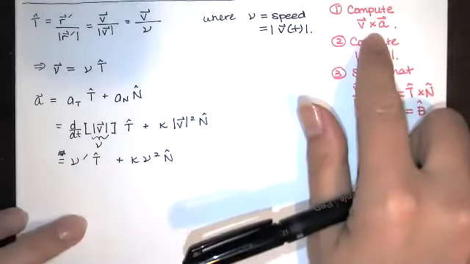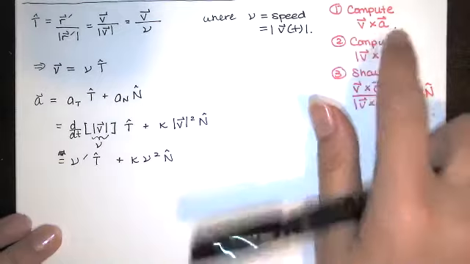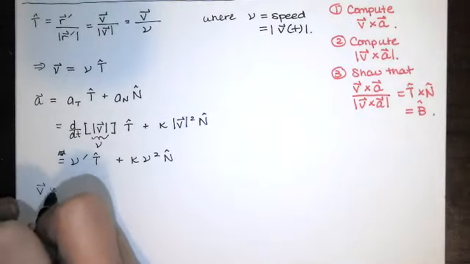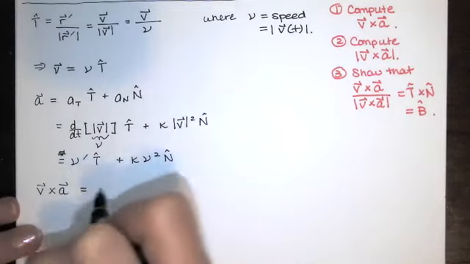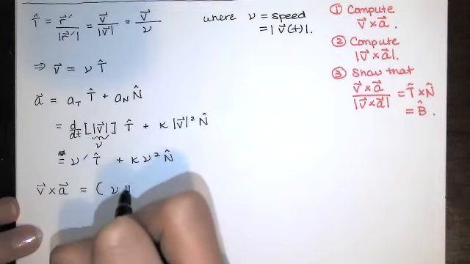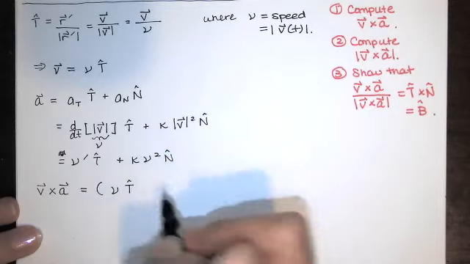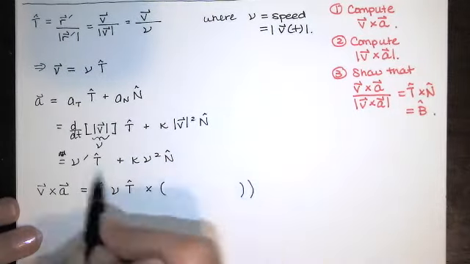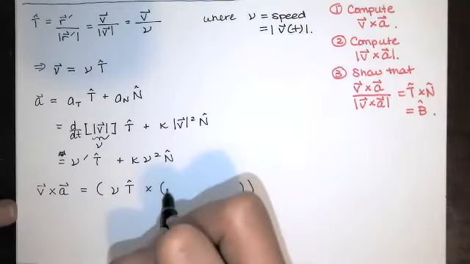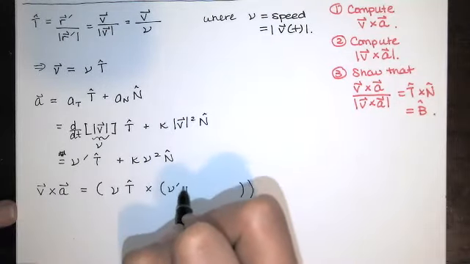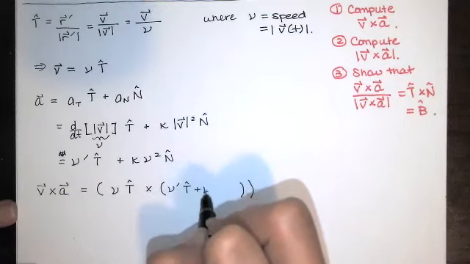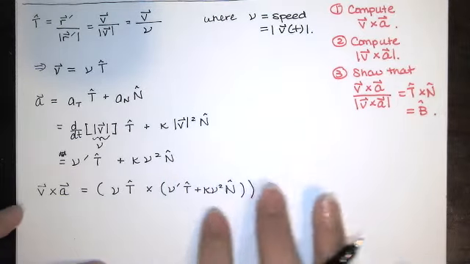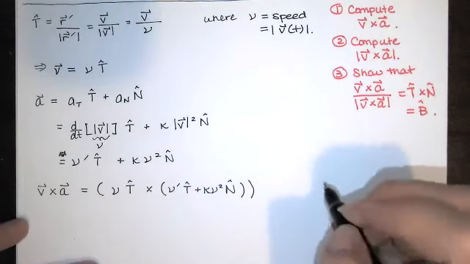So now I just want to compute the cross product of the velocity with the acceleration. So that's the cross product of speed times the unit tangent with this acceleration vector, which is just a sum of two vectors. Now, it's a fact that cross products work this way.